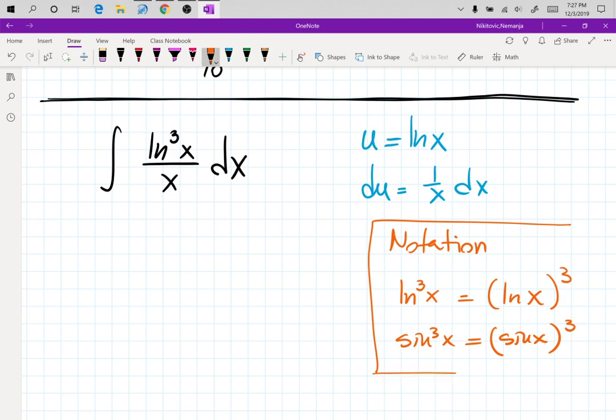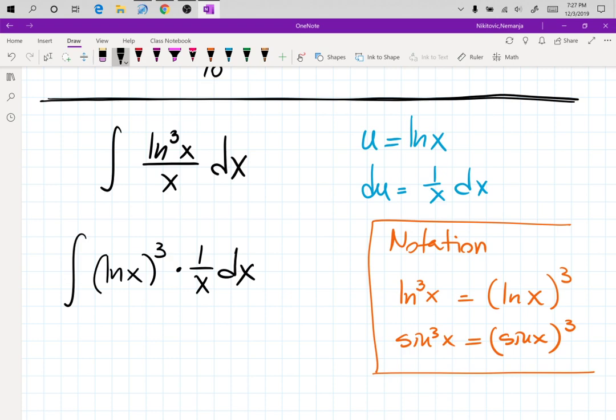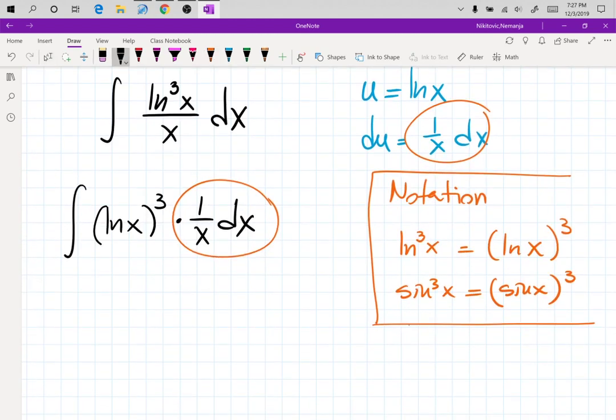So that's just a side note on notation, because we are now replacing. For your fractions, you can put your ln x cubed and then times 1 over x dx, and we see the peanut right there. So integral u cubed du.